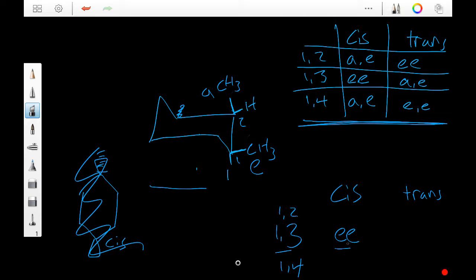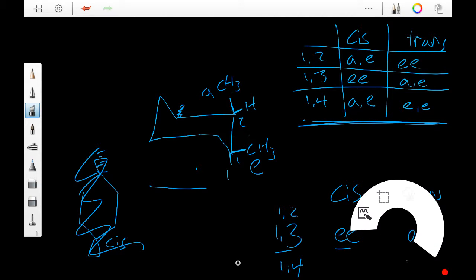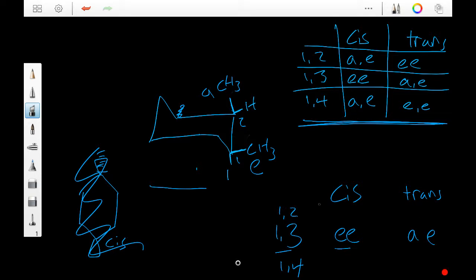So if it's EE for cis, we're going to go A, E for trans. If it's EE for cis 1, 3, our 1, 2 will be AE. Likewise, over here. And then this side has to be opposite, so we'll go EE and EE.